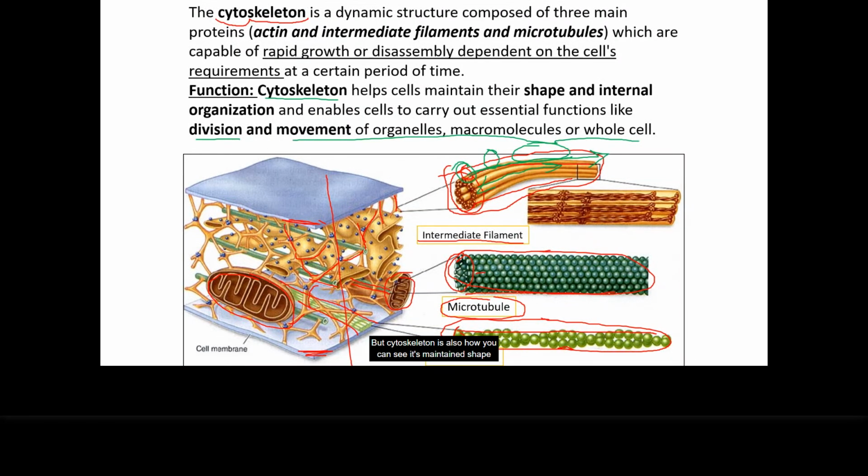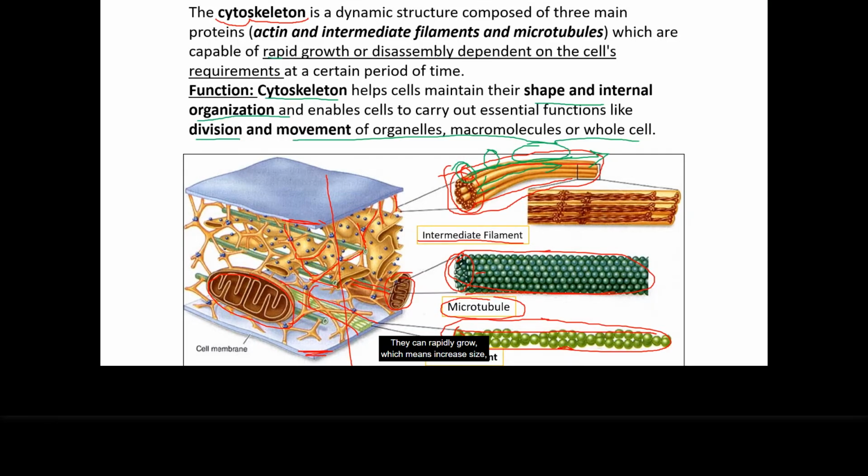But cytoskeletons also, as you can see, maintain the shape and internal organization of the cell, and help the cell carry out different chemical reactions. So all these different filaments, intermediate filaments, actin, microtubule, all three types of the cytoskeleton, have a special ability.